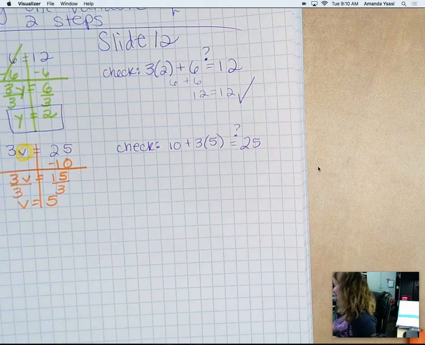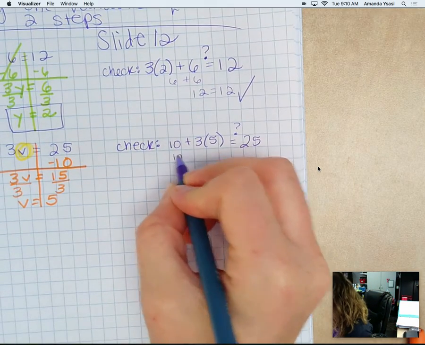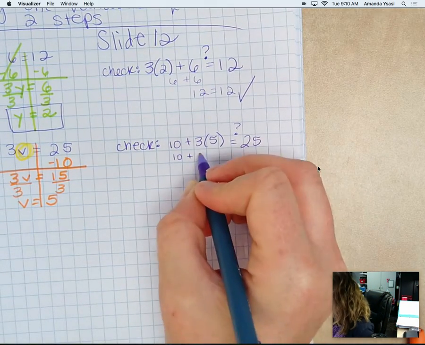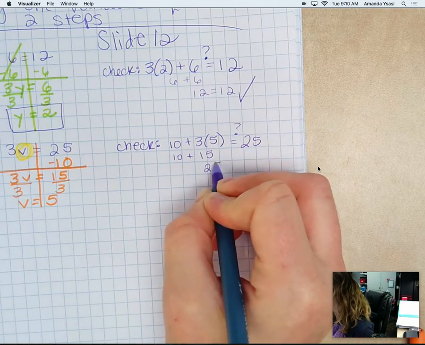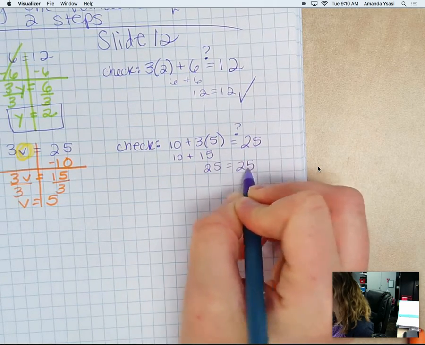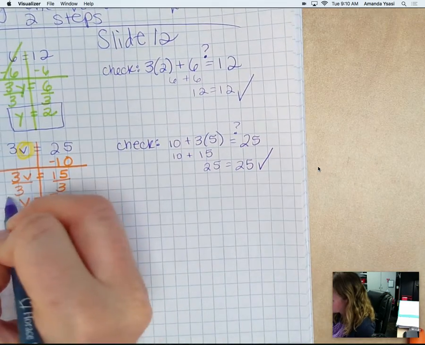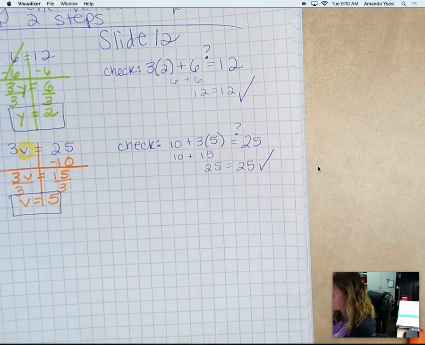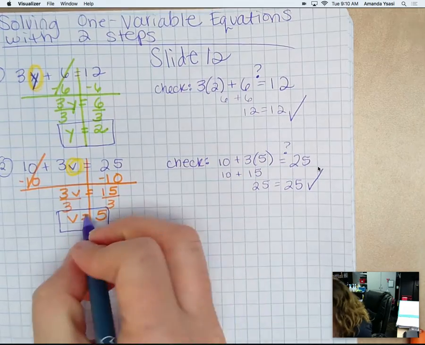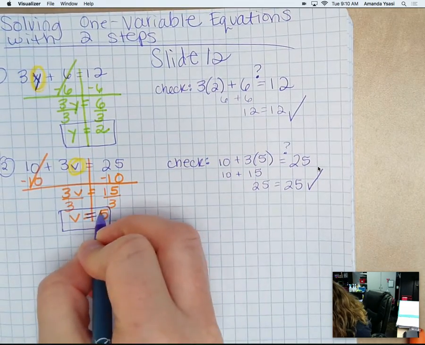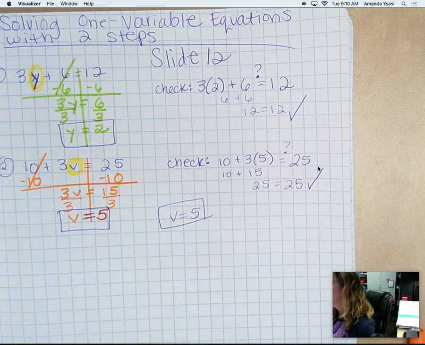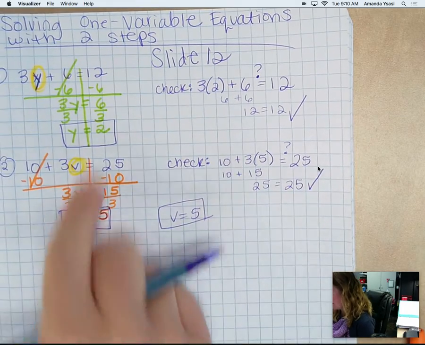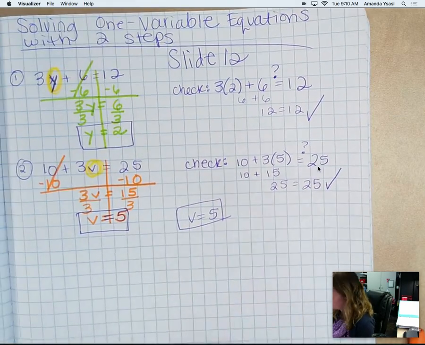We don't need to use a calculator on this one either, really. 10 plus, what's 3 times 5? 15. What's 10 plus 15? 25 equals 25, so we just checked it. So that means v does equal 5. I don't like how that has the line through it, so that's why I rewrote it.